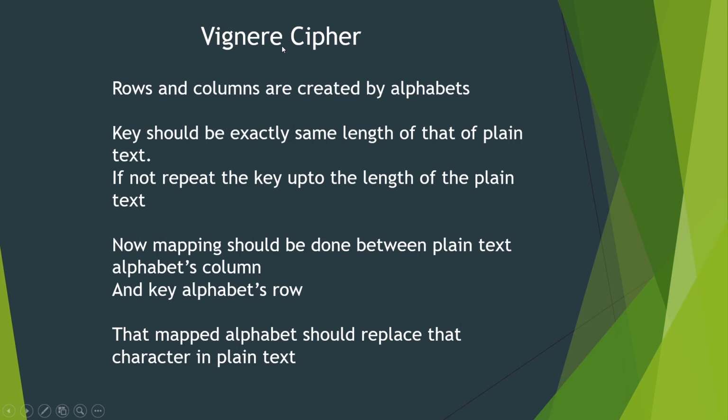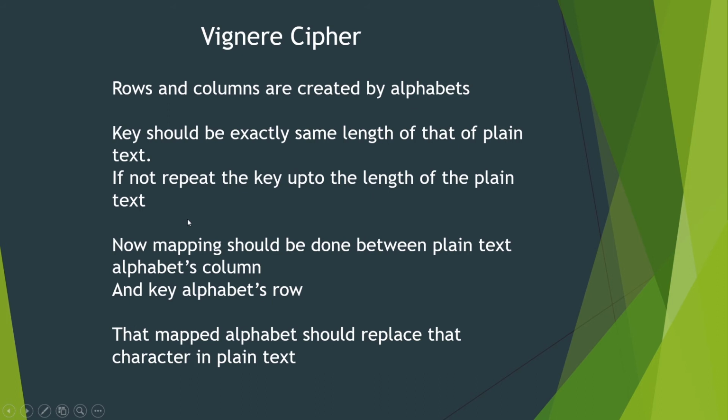What we are going to do is create a table, and the rows and columns are created by alphabets. You need to create a table with A to Z, and the rows and columns should also be the same, and the key should be exactly the same length as the plain text. So if the plain text contains 10 characters, the key should also be 10 characters. If not, repeat the key up to the length of the plain text.